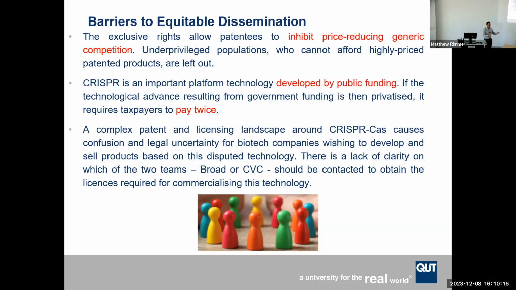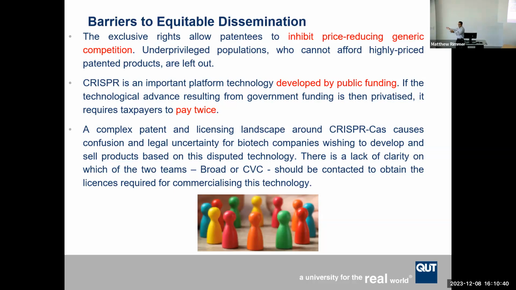Now, in addition to causing barriers to equitable access, the technical aspect of this dispute is that if a corporation is seeking a license to commercialize this technology, there is a lot of confusion around whom they should contact, because there are two teams.